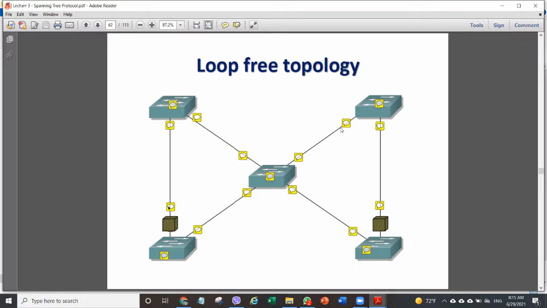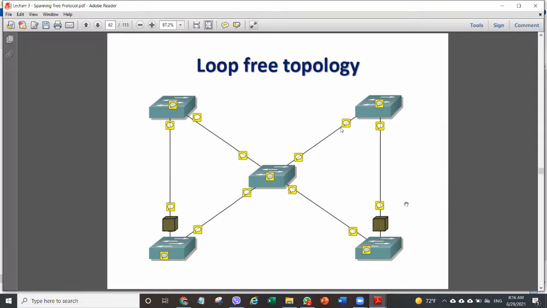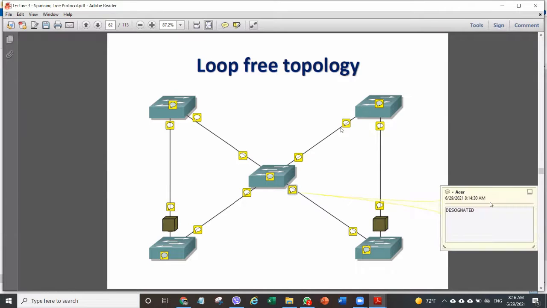Then what are the remaining? Block ports. Block ports are labeled as what? Non-designated. Okay, did you understand how to label the ports? Spellings are wrong, I will correct them, otherwise it is not good.